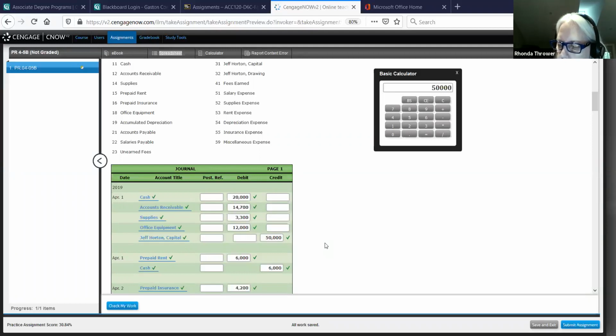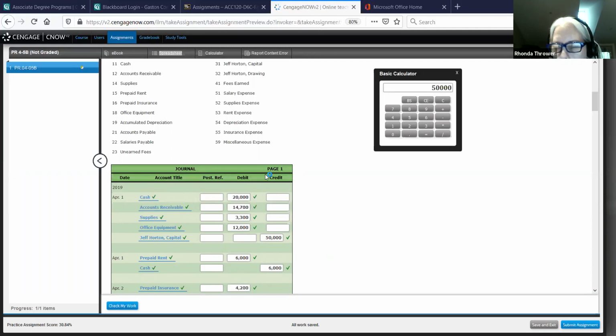It'd be very simple if we were in the class, we'd just switch right over to the general ledger and start posting these things. So this might take me just a second. Just bear with me. All right, now, so when we post, we copy from the journal.